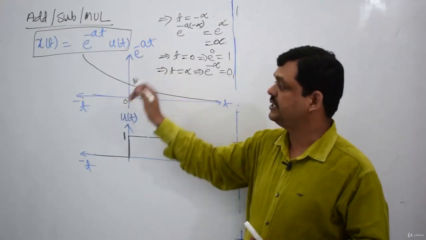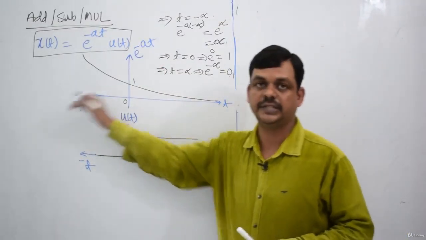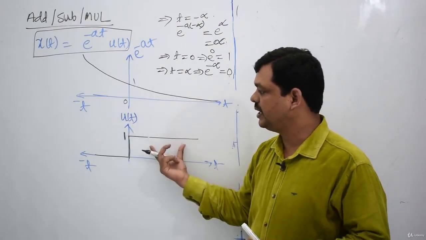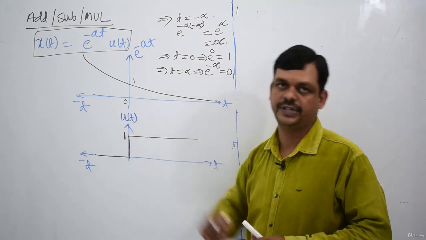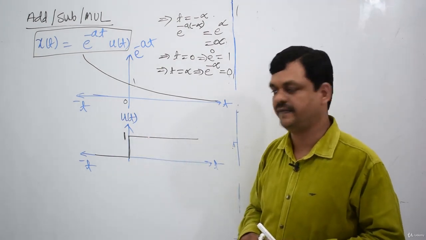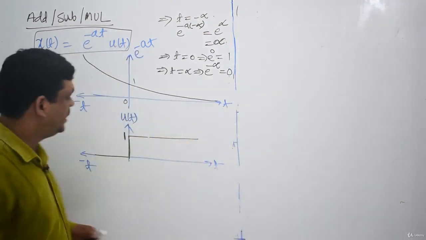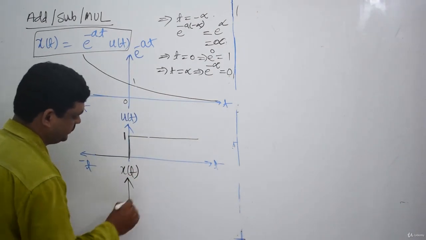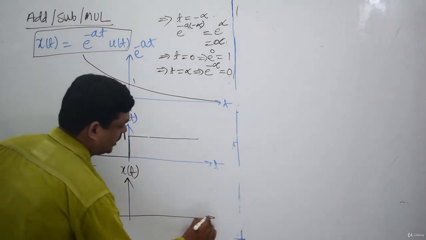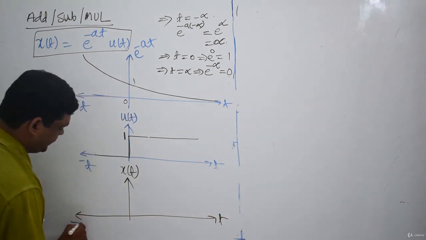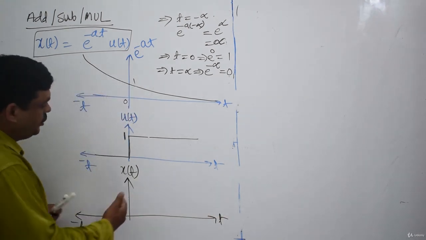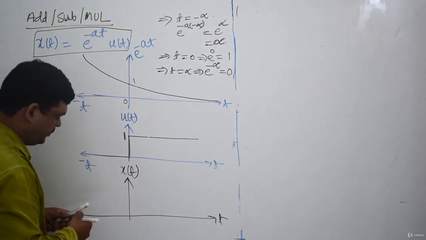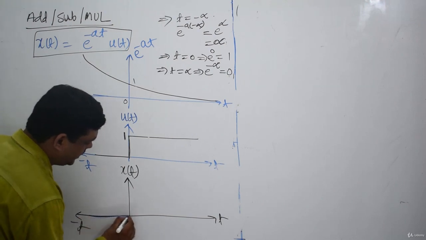So e to the power of minus at individually is defined from minus infinity to plus infinity. Multiplied with the unit step function, it is defined only in a particular time period. Then the resultant signal x of t: on the negative time axis, this amplitude is 0, 0 into this value is 0, so this side it is completely 0.